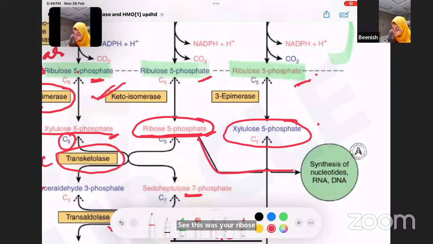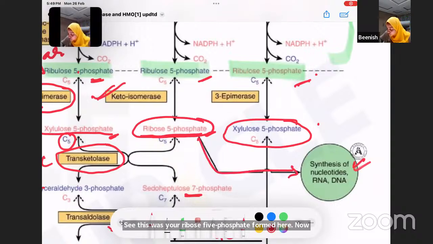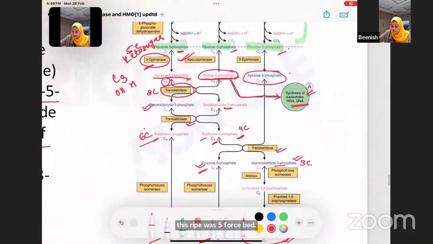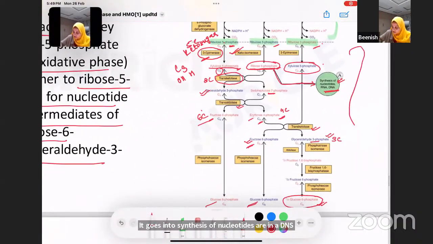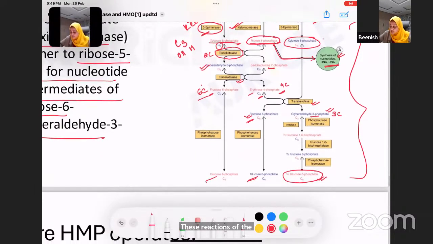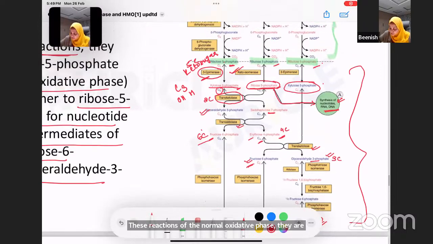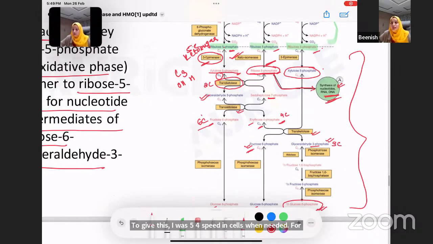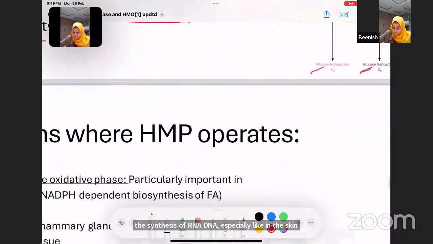Now this ribose 5-phosphate goes into synthesis of nucleotides, RNA, DNA synthesis. So all these reactions of the non-oxidative phase are all reversible. So they can be reversed to give this ribose 5-phosphate in cells when needed for the synthesis of RNA, DNA, especially like in the skin and all where there's more wear and tear, so more synthesis of DNA is needed. Okay.